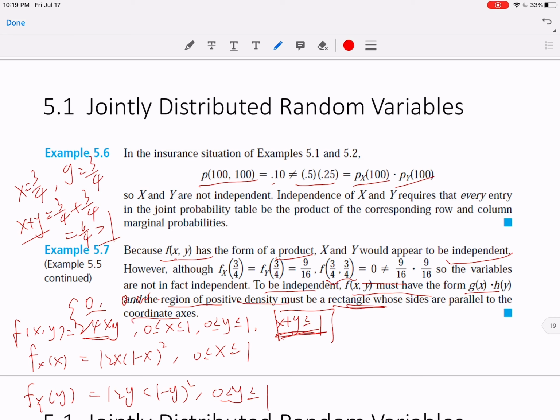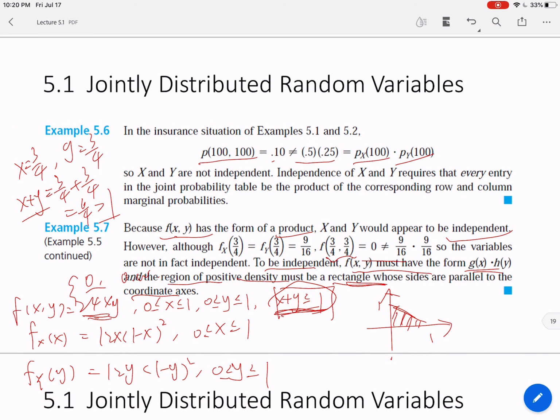So the reason why x and y are not independent, even though the joint PDF has the form of those two functions, is that the region is not a rectangle. This is 1, and this region is the positive density region, which is a triangle, not a rectangle. That's why they're not independent.